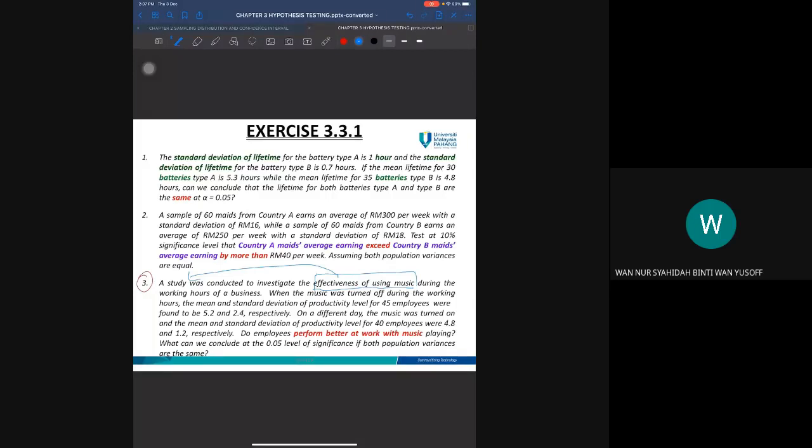The easiest way to identify the variable is based on the calculated values given in the question, for example the mean, the standard deviation, the proportion, or the number of successes. They are from what?